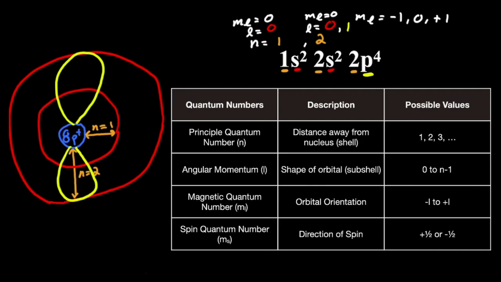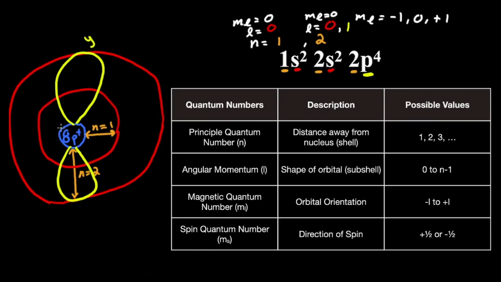So this right here, this l equals 1, it's going to be m sub l has 1, 2, 3 different numbers, and each of these numbers represents one orientation. So what we'll do here is we need to make 3 different orientations for this p orbital right in here. This right here is going to equal this up and down. That's going to be one orbital, and because it goes up and down like this, we can call this the y orbital.